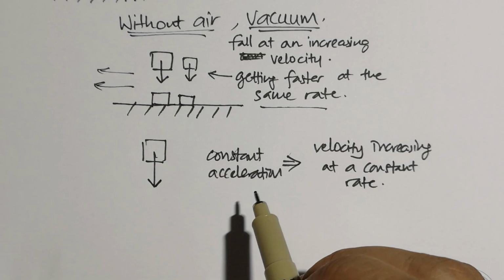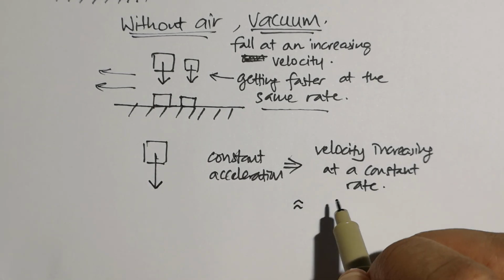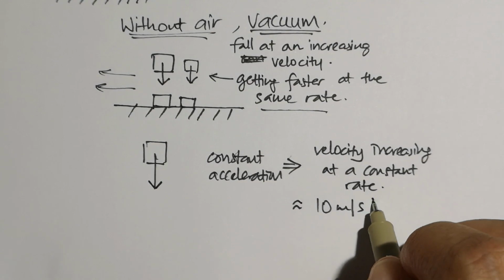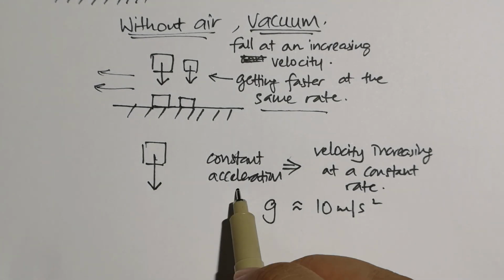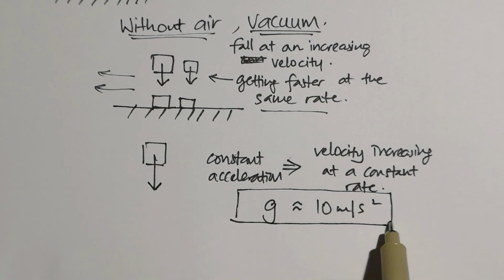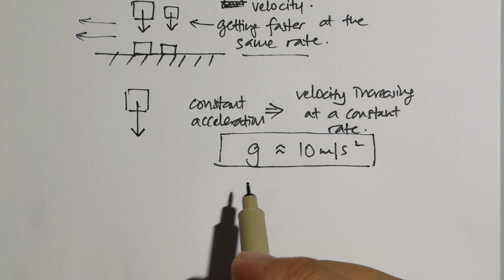So what is the constant rate? This constant rate is approximately 10 meters per second square, and this is known as the gravitational acceleration. Gravitational acceleration of 10 meters per second square.